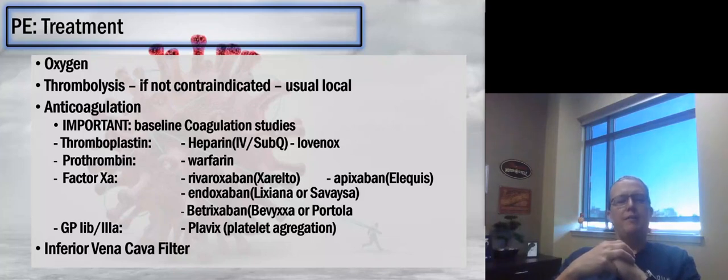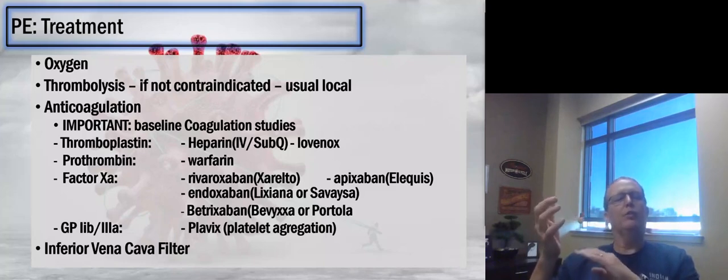Those tests monitor the efficacy and the level of anticoagulation with heparin. Now, warfarin works differently. It acts on thrombin, which is a different coagulation factor. So for warfarin, we use a prothrombin time.